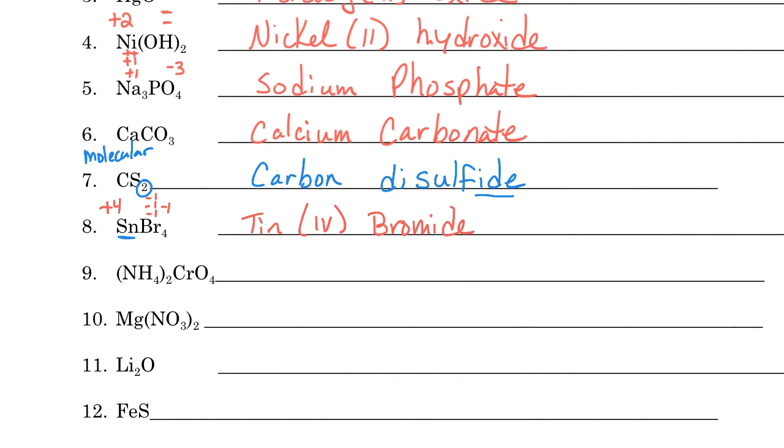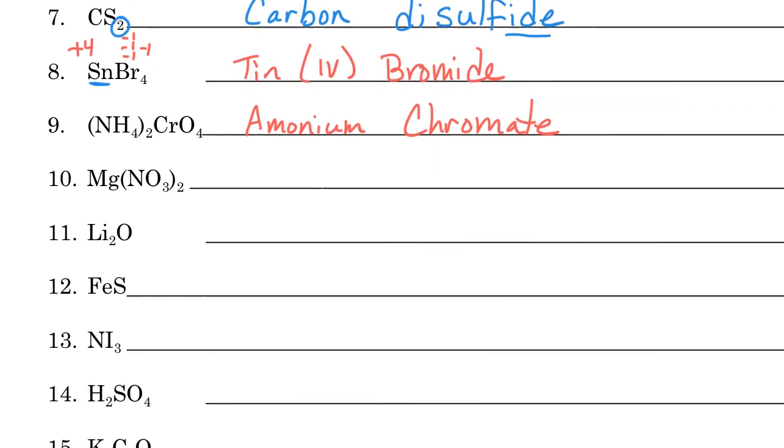Now I'm looking at this next one, and I've got 2 polyatomic ions. I've got ammonium and I've got chromate. So all I have to do is say ammonium chromate. Number 10, I've got magnesium and a polyatomic ion, so I can just go ahead and name that one.